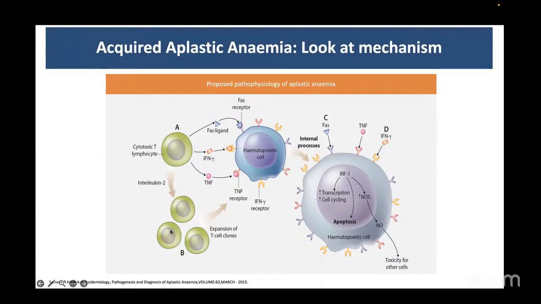Interleukin 2 is a T helper ligand which will call for more T cells to the site of action, leading to expansion of the auto-damaging T cell clones, ultimately leading to the apoptosis of the hematopoietic stem cell and further toxicity to the surrounding stem cell niche. So this is the basic pathophysiology, that is the damage to the hematopoietic stem cell.